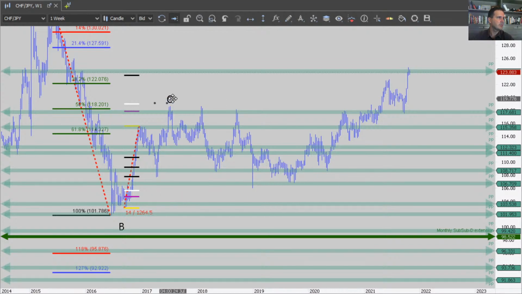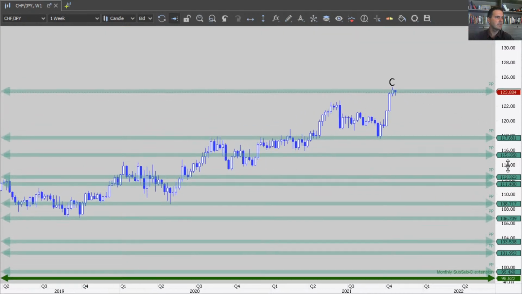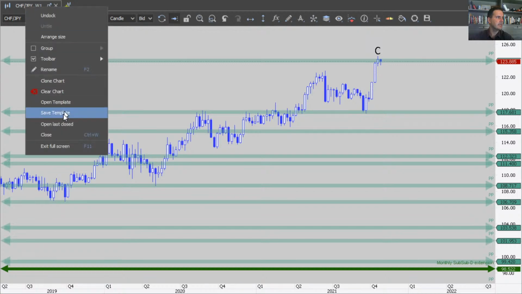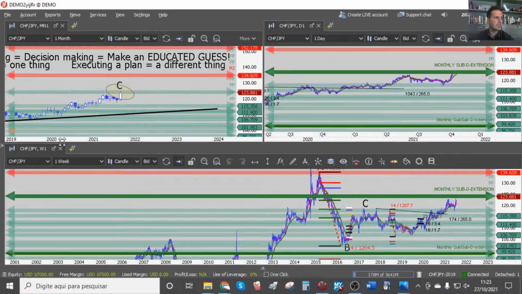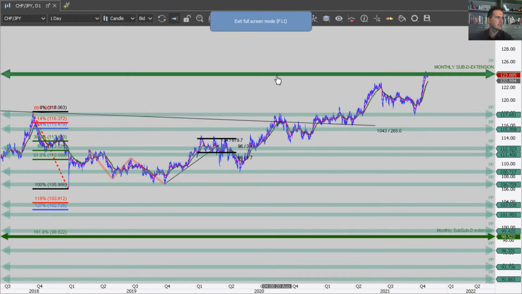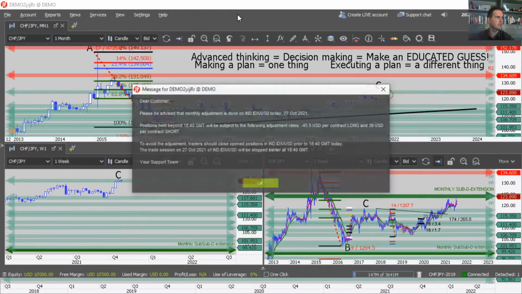Okay, ABC, this is our C. Now let's see about the weekly. Do we have a high? Not yet, so we cannot adjust the Fibonacci. Now let's go on the daily, everybody.